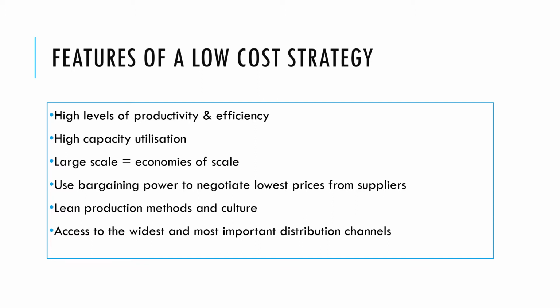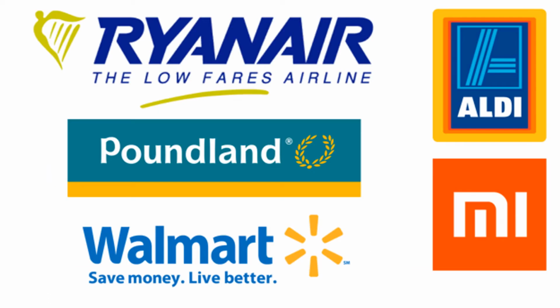All of these are ways in which we can minimize our unit costs. These might be examples of businesses that have a low cost strategy for a broad market. Aldi, Ryanair, Walmart.